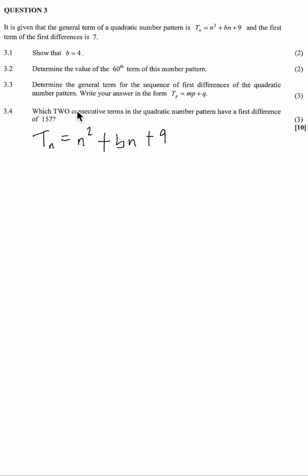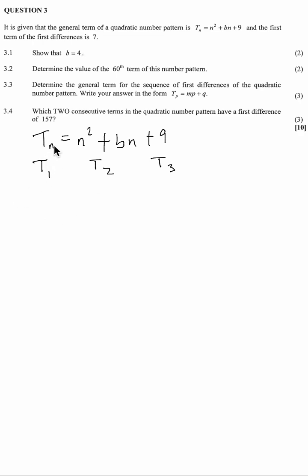So we could lay out a few terms of our quadratic number pattern. Like we could lay out T1, which is the first term, and we could lay out T2. We could also lay out perhaps up to T3.